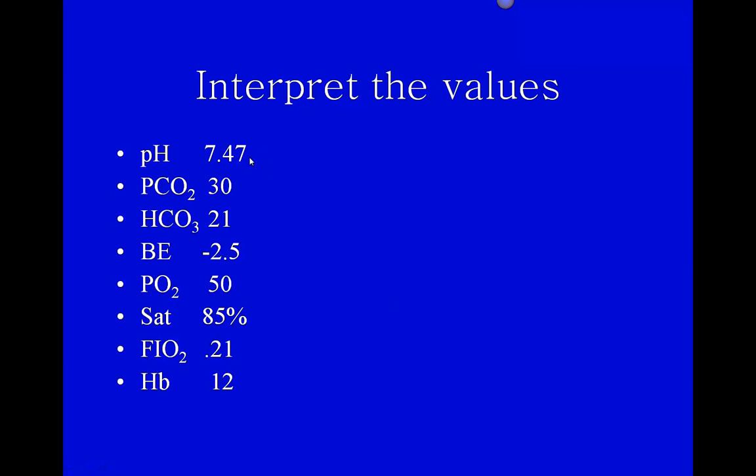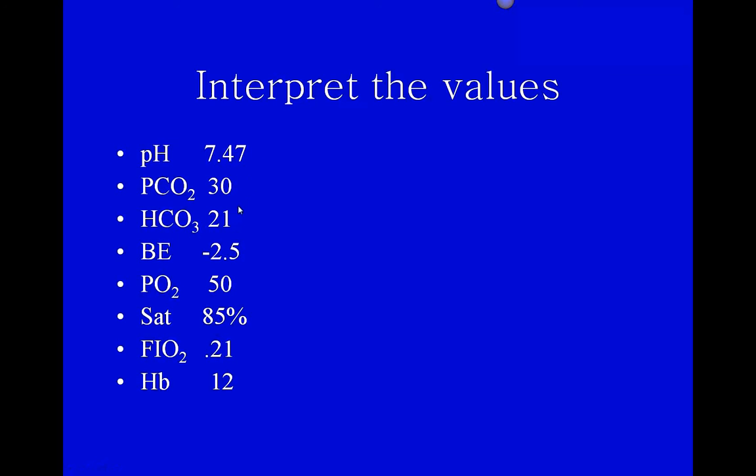Well, the one causing the alkalosis is the CO2, so I have a respiratory alkalosis. I look to see, is the bicarb, is the metabolic system trying to fix it? Is there compensation? To do that, has it moved outside its normal range of 22 to 26? Yes, it has. Has it brought the pH back within the normal range of 7.35 to 7.45? No, it hasn't.